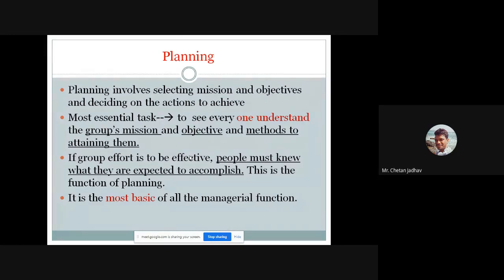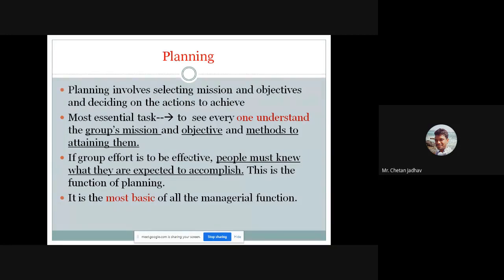That owner should ensure that each and every employee understands what our actual mission and objectives are, and how to achieve them. The owner should give some methods to follow or some demos for achieving the missions and objectives, so that it will be easy to achieve the final target of the organization or company.